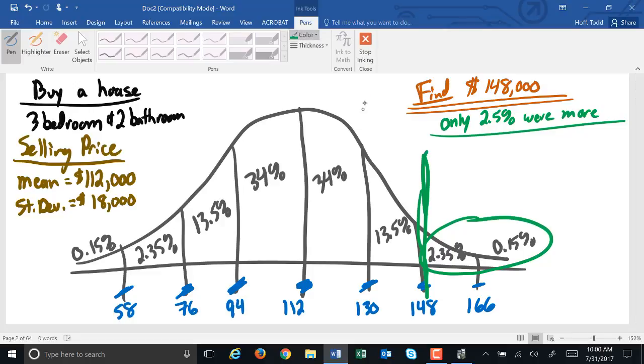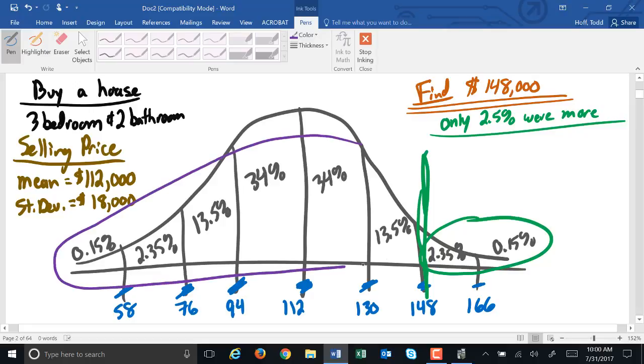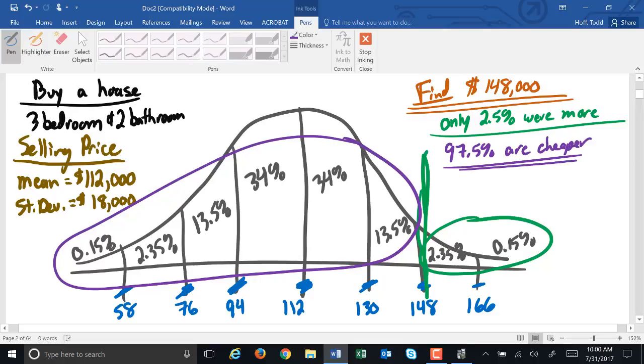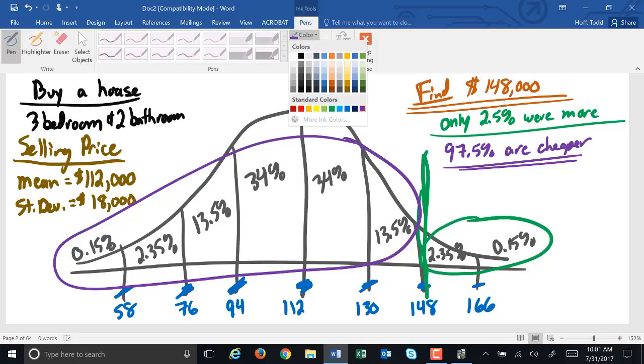The other way we could look at it, looking down here, if I added those up, that's 97.5% are cheaper than that house. 97.5% of houses in that area that are 3-bedroom, 2-bath will sell for less than 148,000, which means there's probably a pretty good chance you're going to find another one that's 3-bedroom, 2-bath that you like that's less money. Does that make sense? Okay.